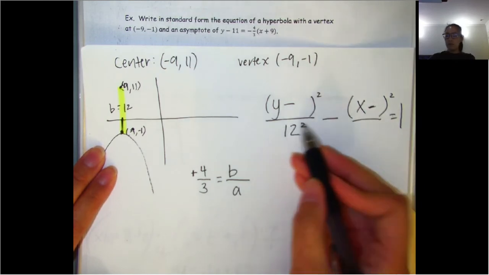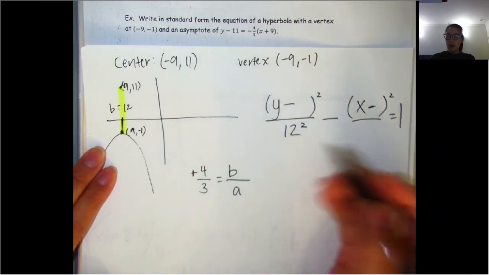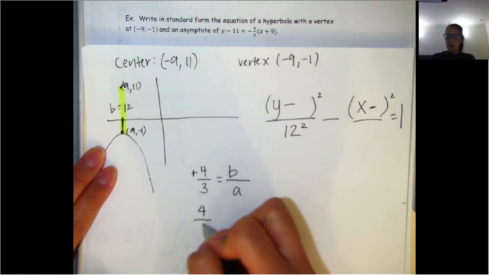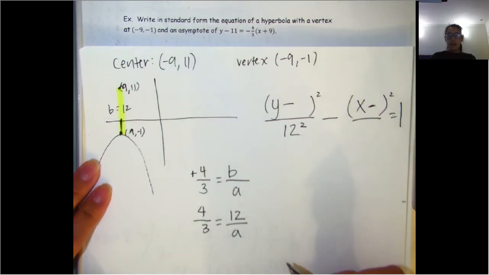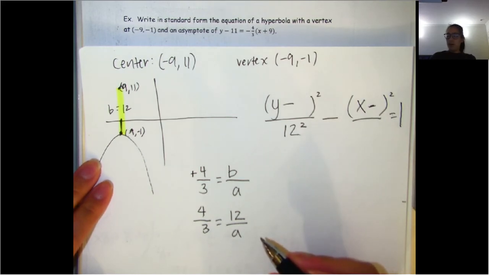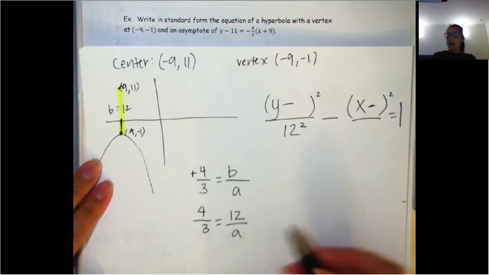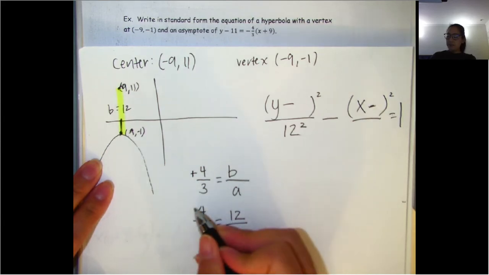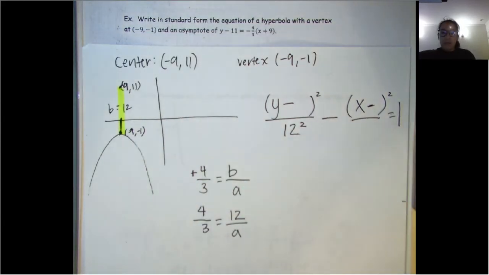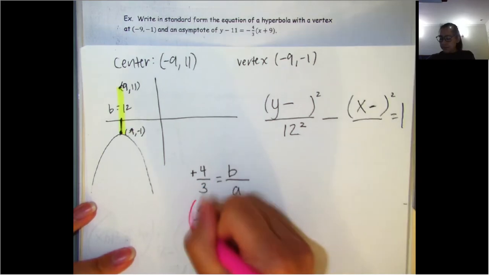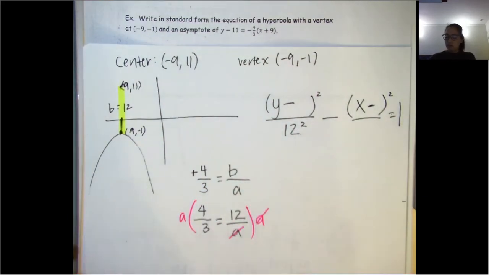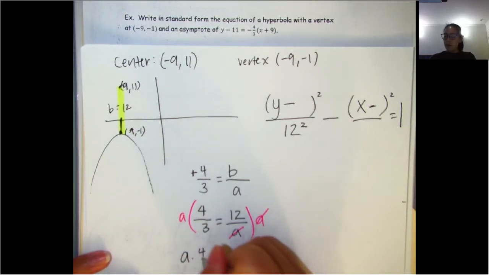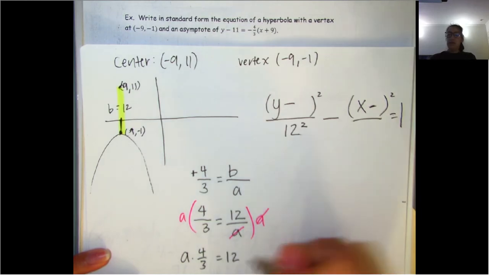You figured out a second ago that b was 12. So you have 4/3 equals 12 over a. And so what you want to do is multiply both sides by a. And so you'll see over on this side, the a's will cancel out because a over a is 1. And then you have a times 4/3 equals 12.